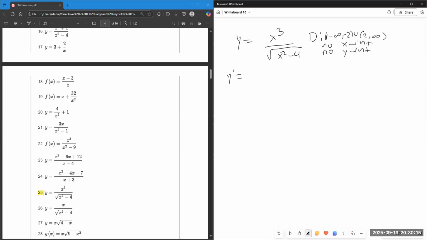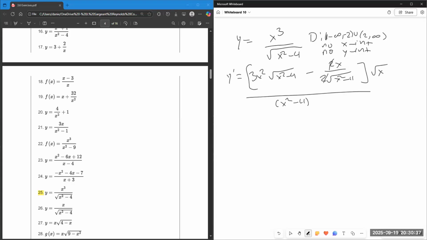y prime is 3x squared root x squared minus 4 minus x cubed over 2 root x squared minus 4 times 2x. Up here, the 2's will cancel. This is all over x squared minus 4. So we're going to multiply top and bottom by root x squared minus 4.